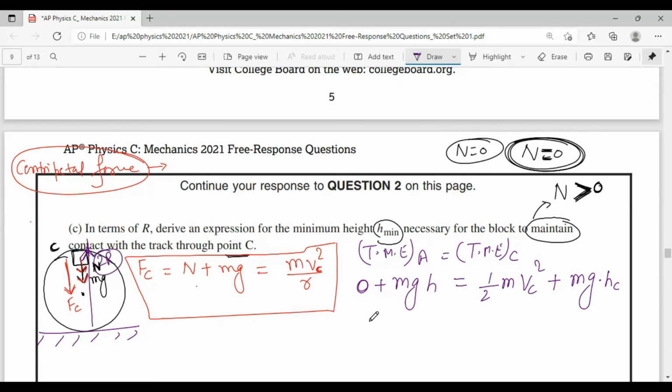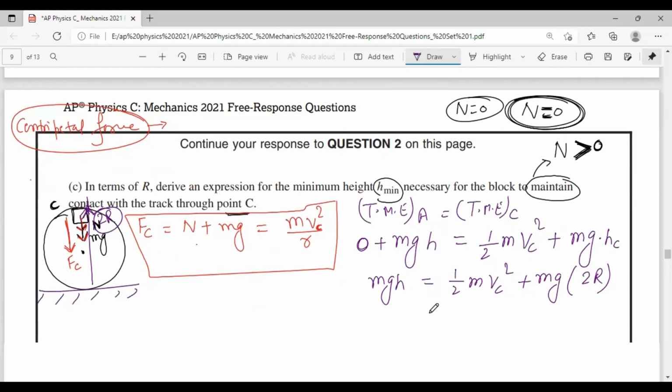So we can write mgh is equal to half m vc square plus mg into 2r. See, m will get cancelled out. So what is vc? vc square is equal to g, common, into h minus 2r.